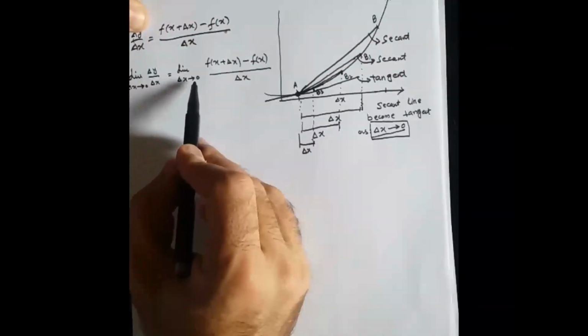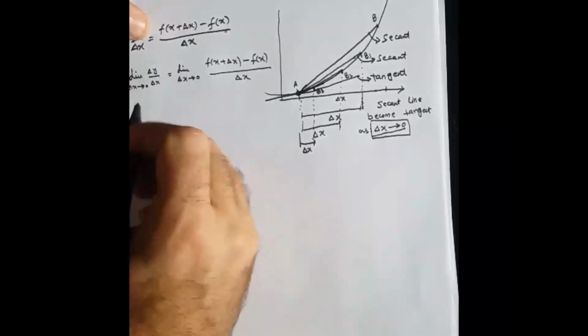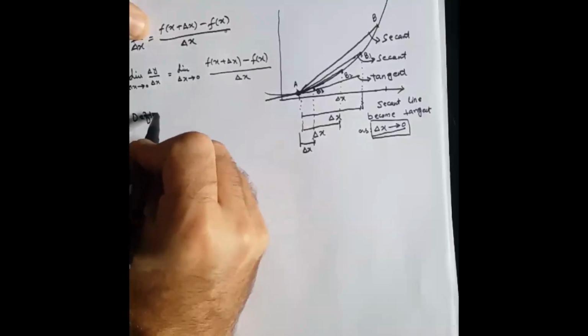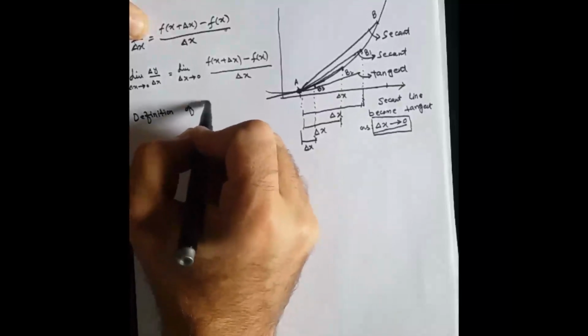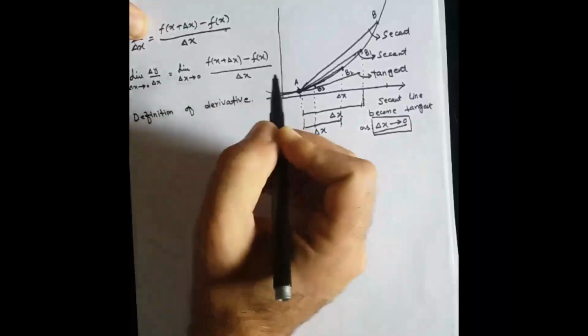So this is the slope of the tangent line, and this is the definition of the derivative.